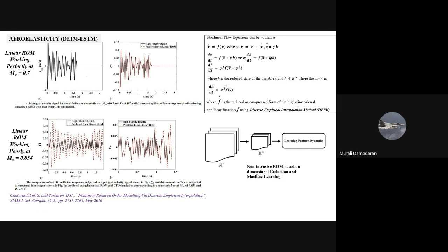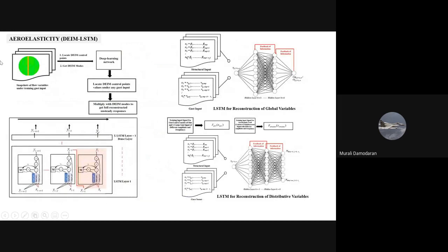Non-intrusive, you don't have to do that, and it is based on machine learning. So what we do here is take a snapshot of flow variables under various training gust inputs we generate, locate the DEIM control points and get the DEIM modes, and then feed them into a deep learning network.